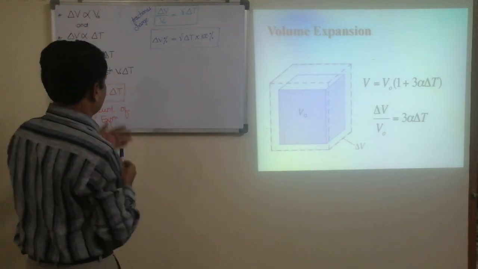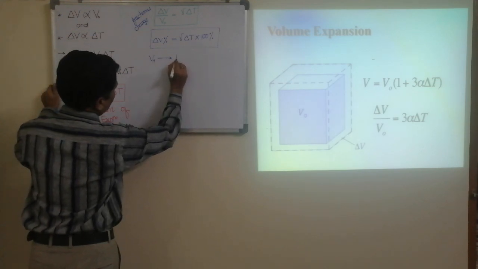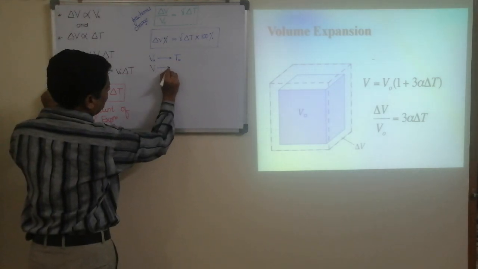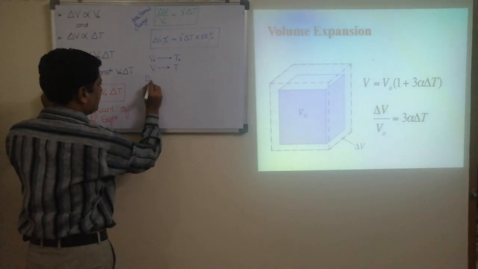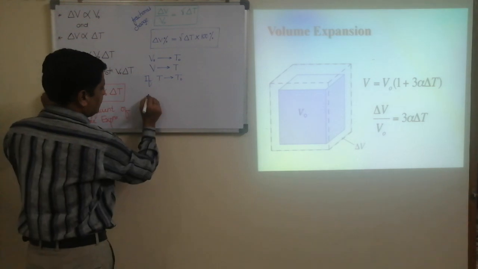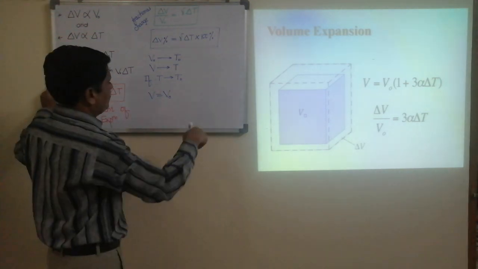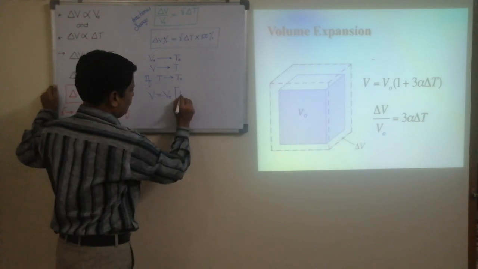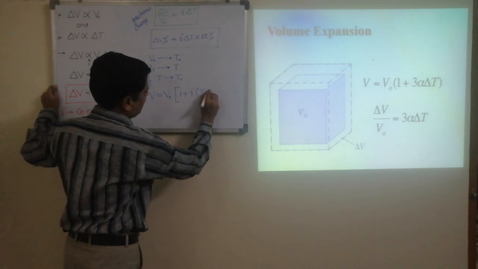Once again, if V0 is the volume of the body at temperature T naught, and V is the volume of the body at temperature T, then if temperature changes from T naught to T, the final volume can be written as V naught in bracket 1 plus gamma into T minus T naught.